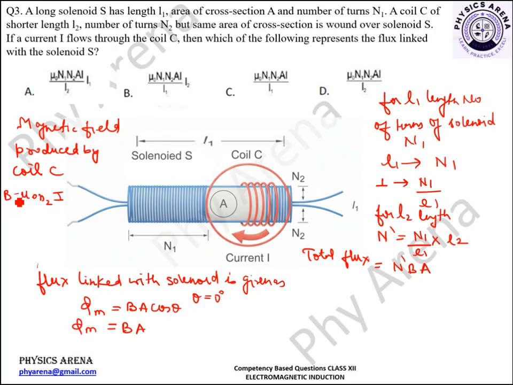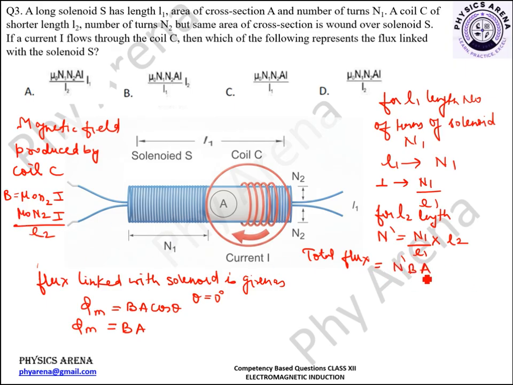So this is the value of B. And this n2 is capital N2, the total number of turns, divided by the length of the coil C. So it will be mu naught capital N2 I divided by L2. So this is the value of B.